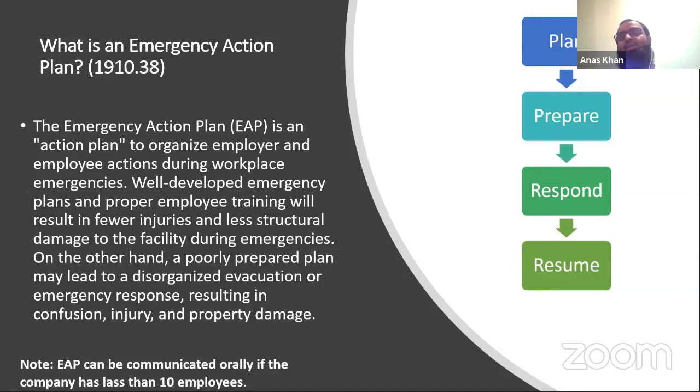For example, in construction. Yes, Ibrahim. Possible types of emergencies, like crane accident, fire. Very good. Fire. Yes, explosion. Cylinder blast. Okay.